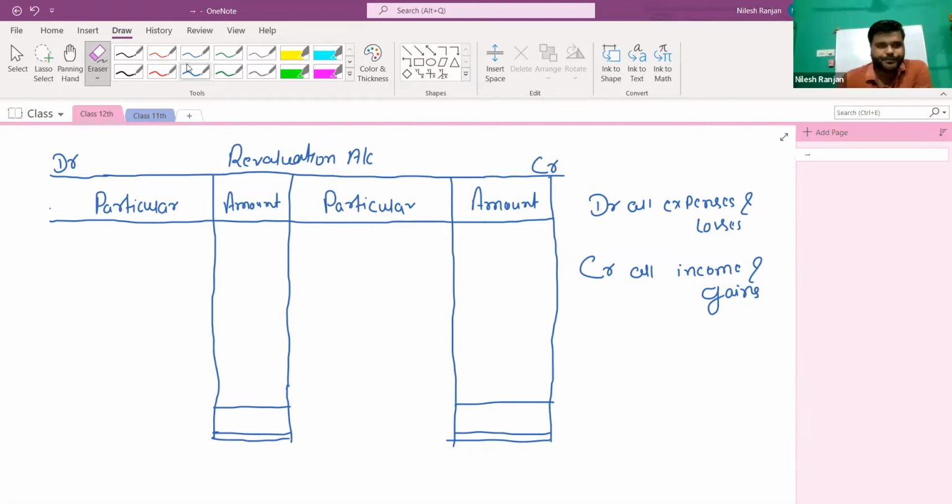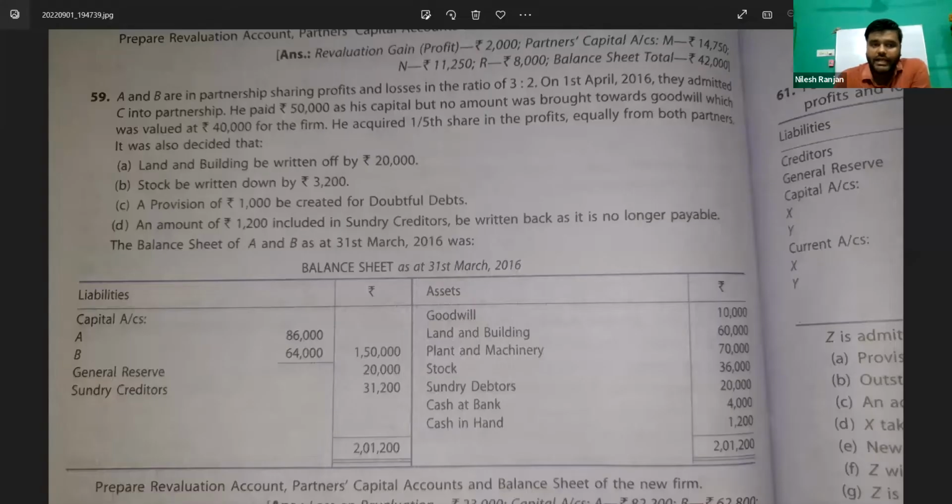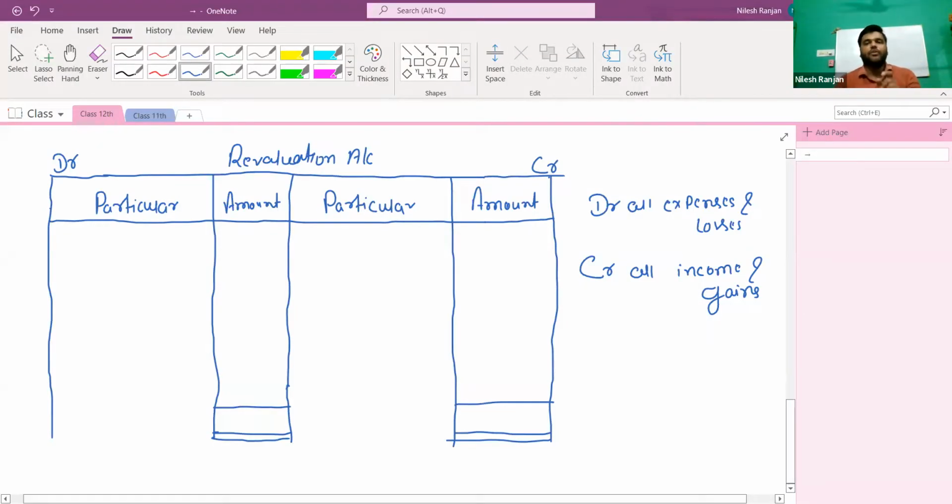Okay. So first item is, you can see, land and building be written off by 20,000. So we have to decrease the value of land and building by 20,000. So it is loss for us. That's why land and building will be written on the debit side, to land and building, it is 20,000.